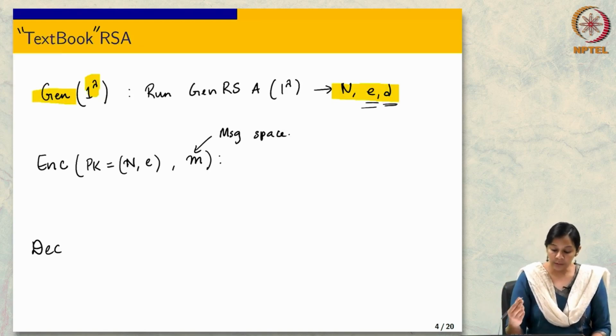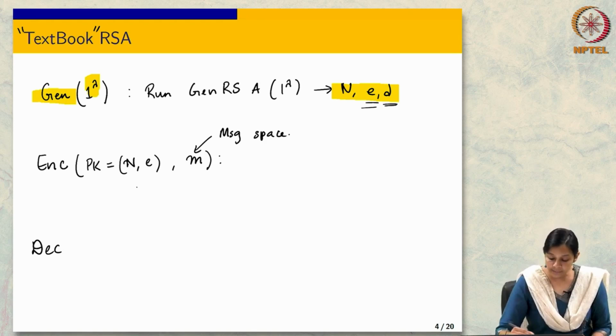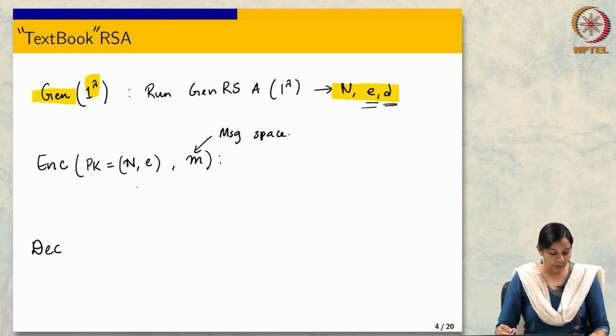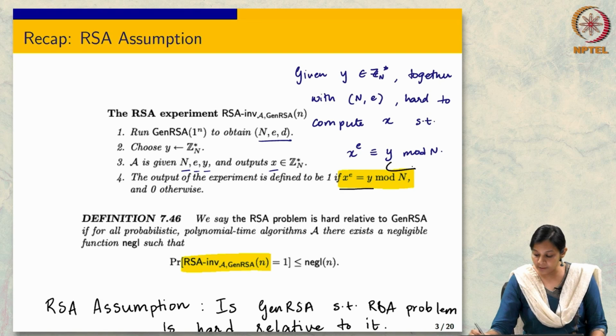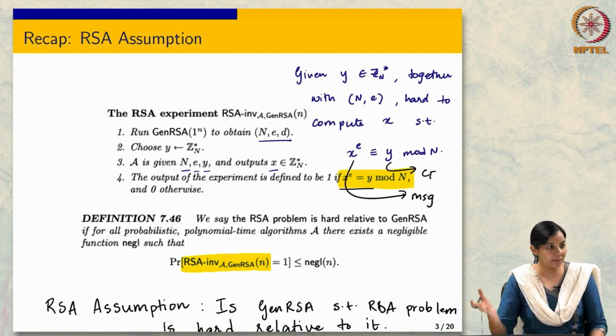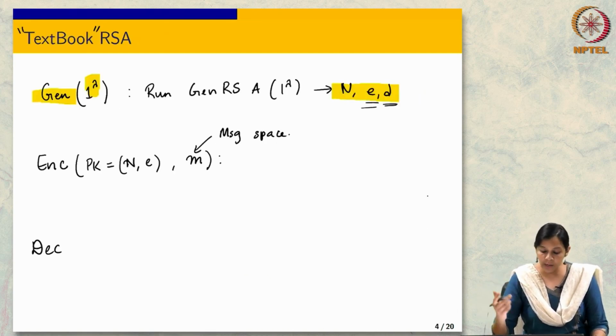So, the simple idea is that given y, it is hard for me to compute an x such that x to the e is y. So, it is very natural then to think of y as the ciphertext, and to think of x as the message, isn't it? Because you want that given the ciphertext, it should be hard to compute the message. So, this is a very natural idea.